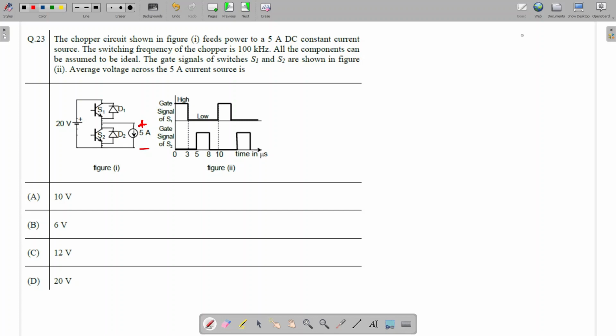All of you got 6? Everyone got the 6 volt answer? Final answer?